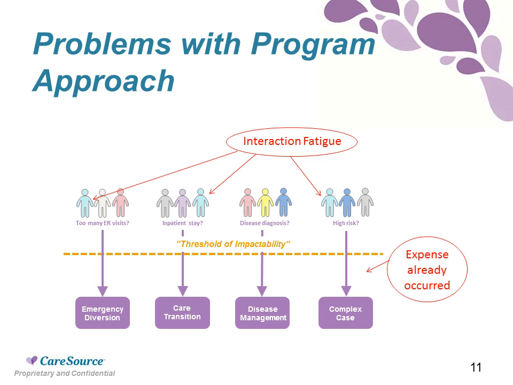The problem is those members are getting identified, sometimes before we actually get to the member, they're already crossing what we would call the threshold of impactability. By the time they become identified, they've already passed the point at which our ability to really impact the member has occurred. Therefore, the expense has already occurred. By the time we interact with the member, it's already after the fact.